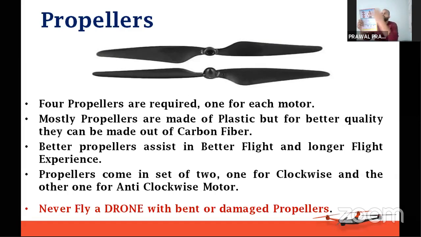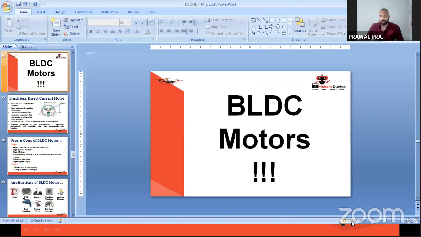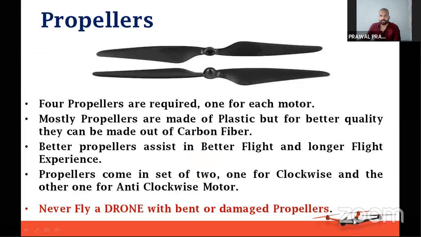The propellers required for the two motors going clockwise are different from the propellers for the anti-clockwise motors. So you have to keep in mind that there are two sets of propellers, not just one set. I'll explain how different motors are moving and why it is so. We are going to come to that point also.